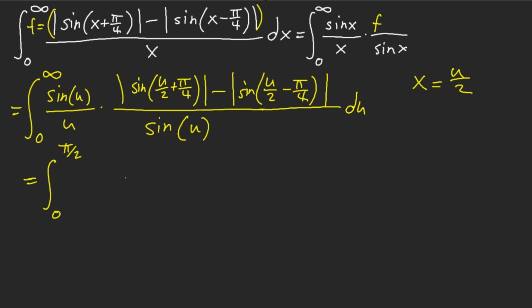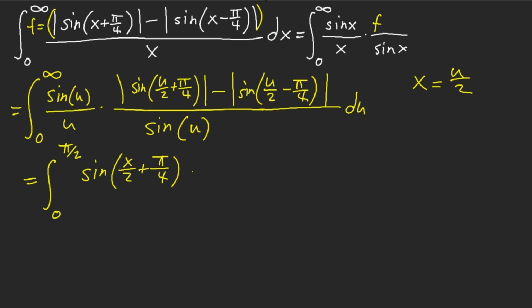So now this is from 0 to pi over 2. We can just simplify this actually. We don't have to rewrite it. Let's see. Between 0 and pi over 2, this should be x over 2. I'm going to change it back to x. Pi over 4. And then this here between 0 and pi over 2 is going to be a negative.